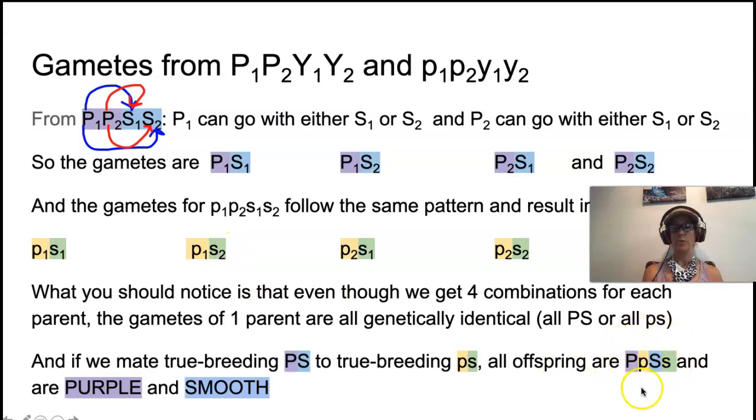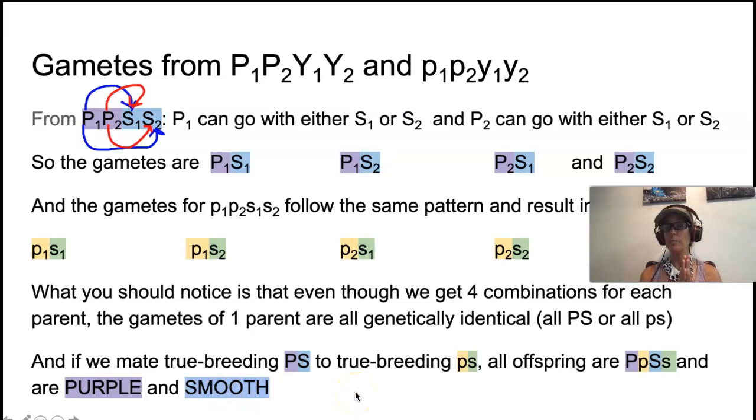All of the offspring, if we look at each trait separately, because there is a purple allele for color, the phenotype will be purple. Because there is a smooth allele for shape, the phenotype will be smooth. And so the phenotype for the offspring are purple and smooth.